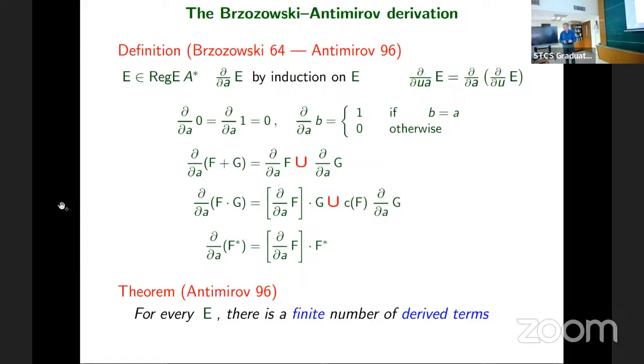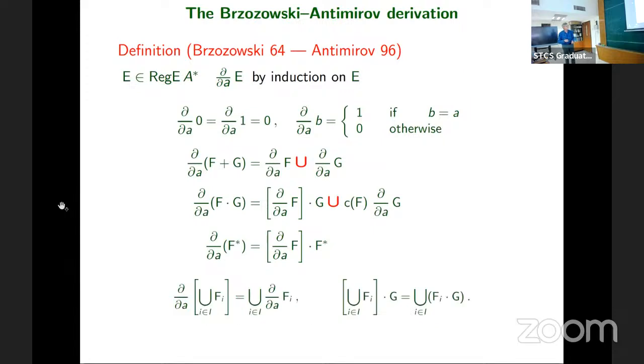Sorry, what would a star of a union be? I'm sorry? If we have a union expression and we take a star on top. No, we don't take. We have an expression, and this formula tells you what is the derivation by one letter. So you start from an expression and you get a set of expressions, pieces, bricks.